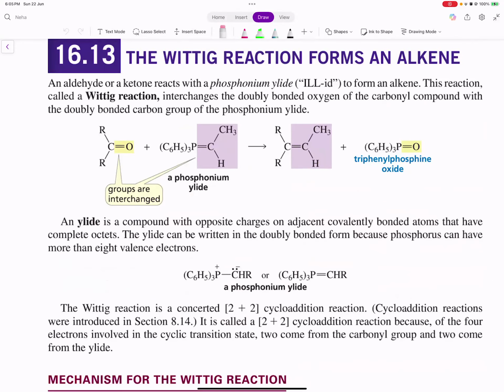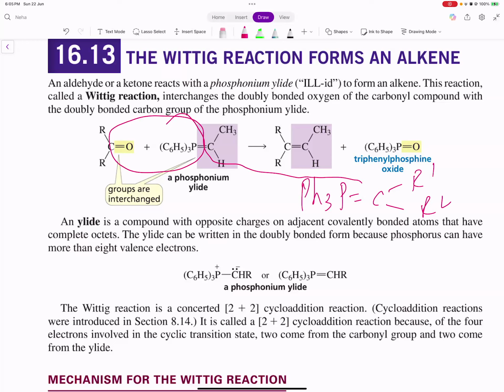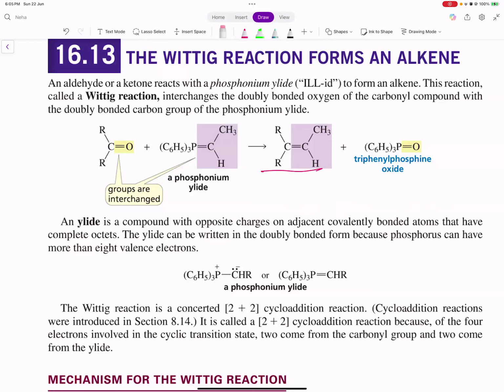What we do is use something like Ph3P=CR1R2, you can imagine. And this Ph3P=O goes, and we club these together and get an alkene.